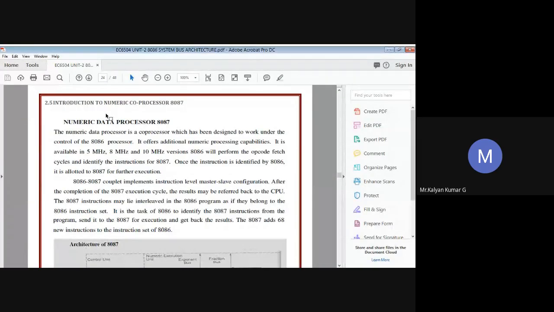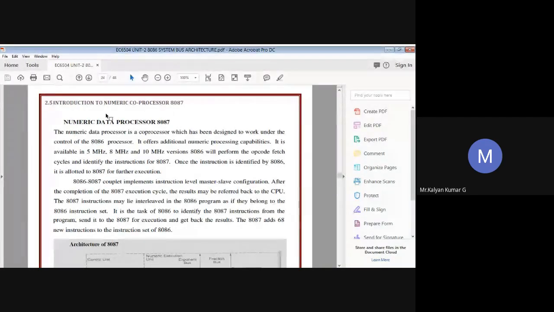For example, a multiprocessor system can be formed by using an 8086 processor and an 8087 coprocessor. What is the purpose of this coprocessor? The 8087 is usually called the math coprocessor or numeric data processor, NDP.